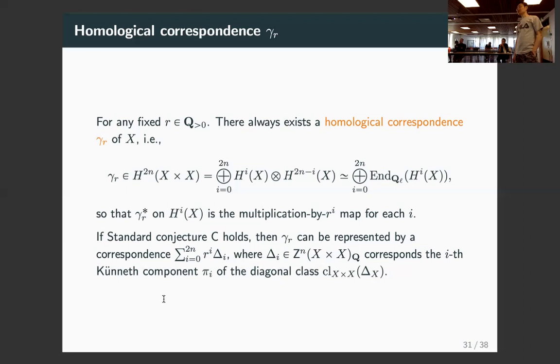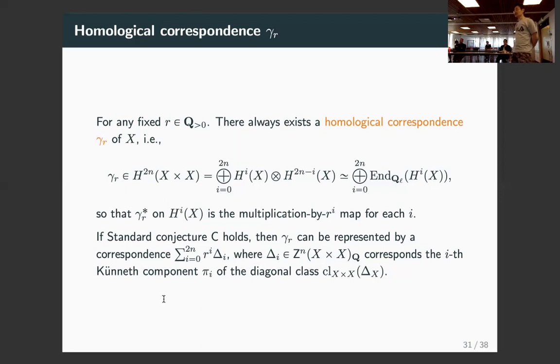For any fixed positive rational number R, by the Künneth formula and Poincaré duality, there always exists a homological correspondence gamma R of X, in H2n, such that the pullback of gamma R on HI is just multiplication by R to the I for each I.